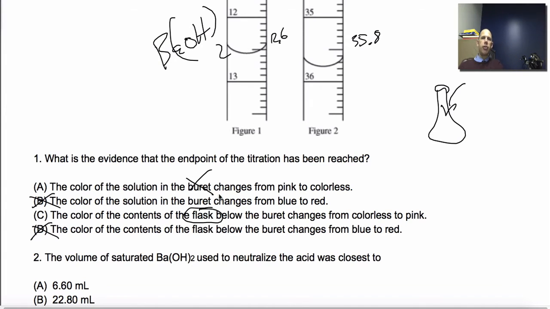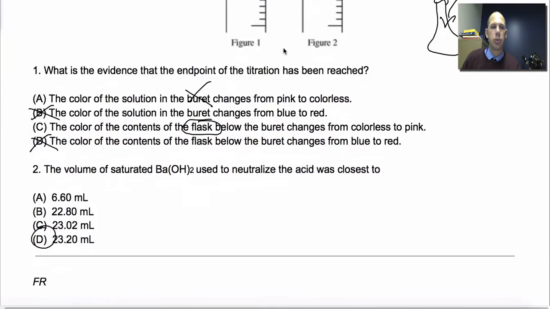It changes in the flask below. This one's bothering me. 35.5, 35.6, 35.7, 35.8. 35.8 minus 12.6 should be 23.2. All right, so 23.2 it is.